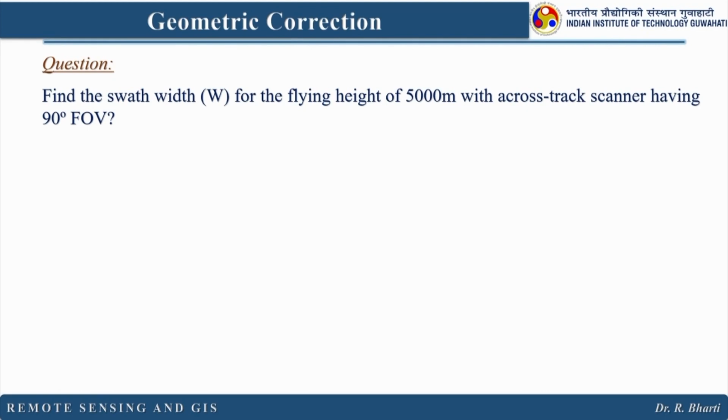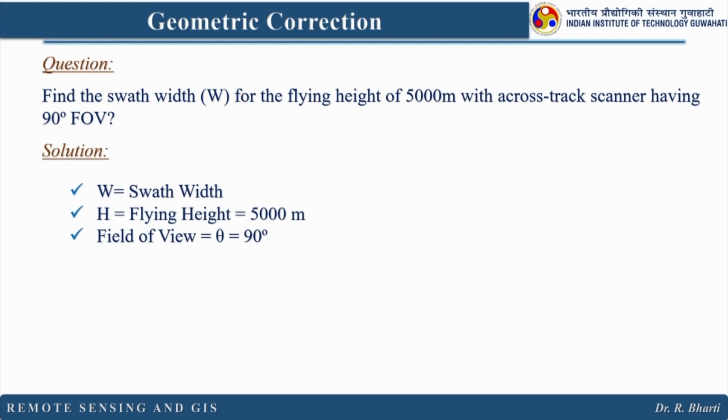So, there is a question: how to find the swath width for a flying height of 5000 meters with a cross track scanner having 90 degrees of FOV. How to solve this? These parameters you can easily use in your equation, and you can find out the swath width, and here we have used W to define this swath width.